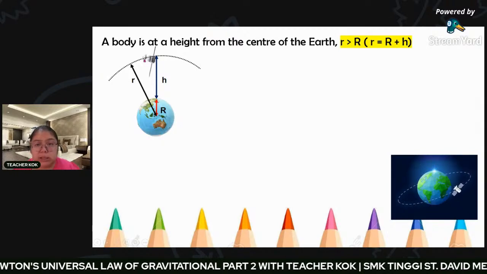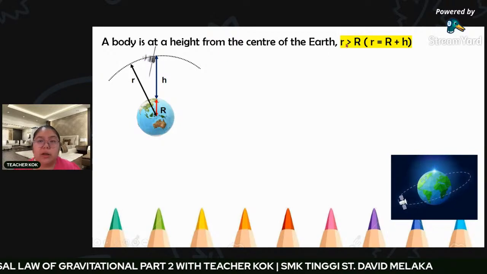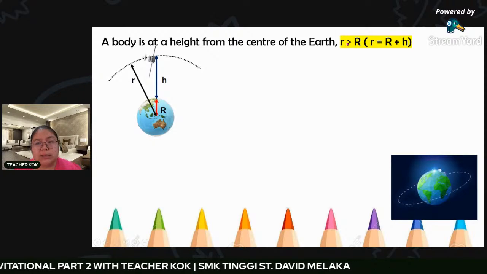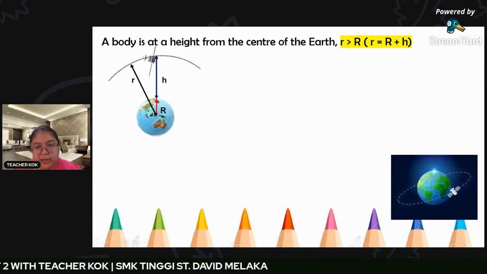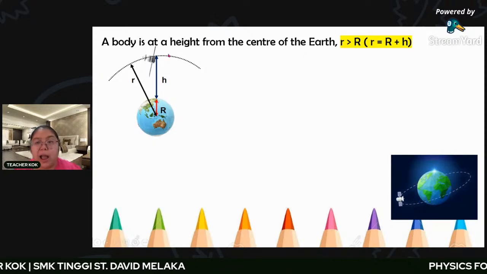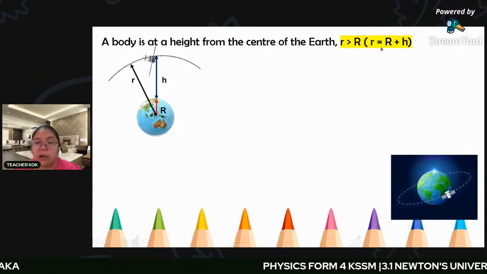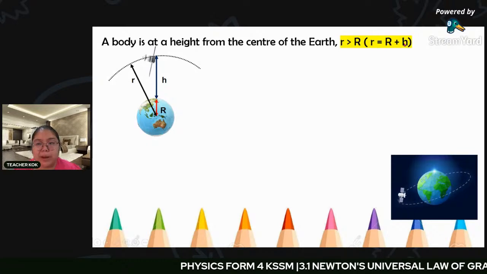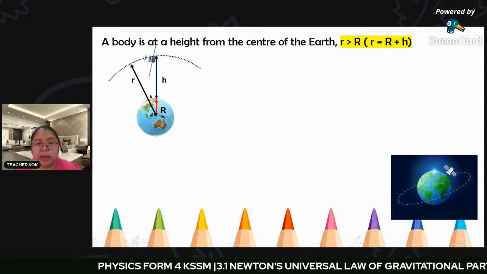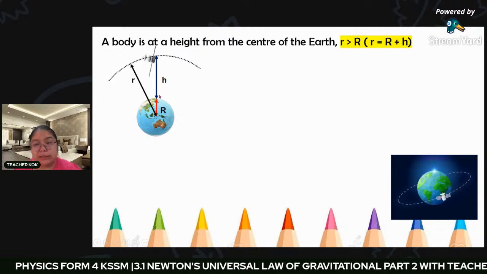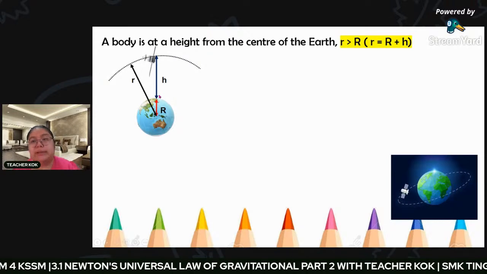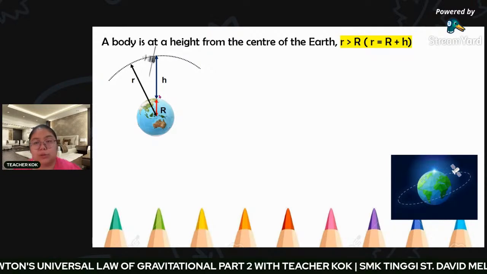So now the distance, we cannot say is exactly the radius because there is the height. So we add: the distance is radius plus h, where h is the distance from the surface of the Earth to the satellite.